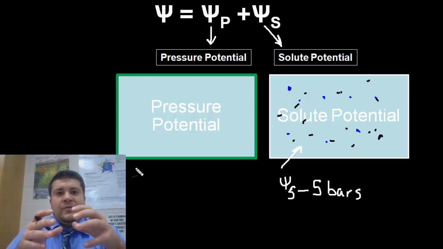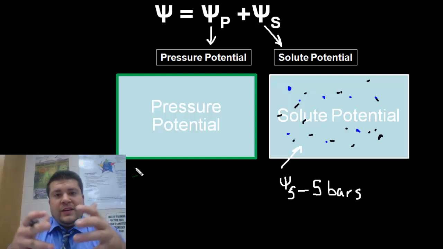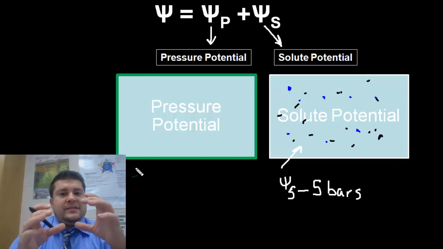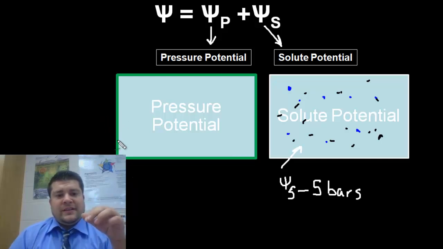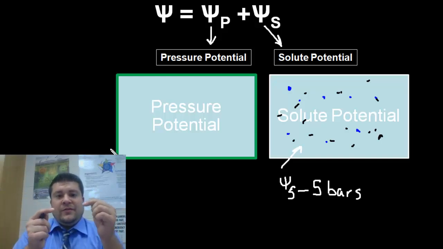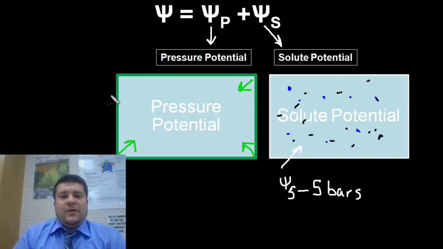And so normally if water keeps moving into a cell, the cell will burst. But let's say this is a plant cell, like we have here. See, I've got this green wall here. Well, this plant cell is going to allow water to come in, but it's also going to be squeezing back into the center of the cell for every time that there's pressure moving out. And so this cell wall will actually start to push in.